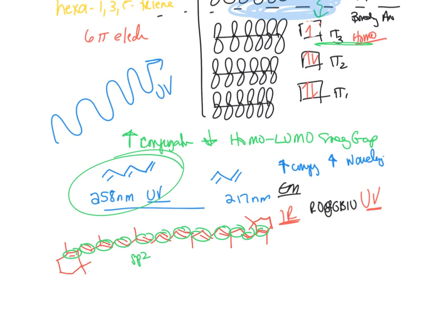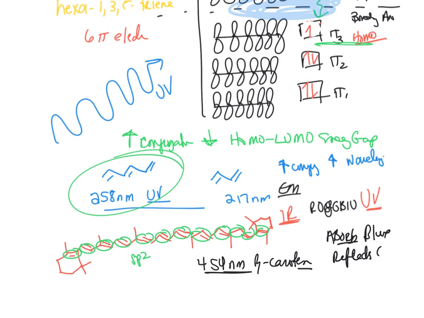Beta-carotene absorbs at 454 nanometers of wavelength, and that's why it reflects orange. So it'll absorb blue wavelength and it will reflect orange. So with more conjugation, we're actually getting into the visible wavelength. And that is how organic compounds have color.